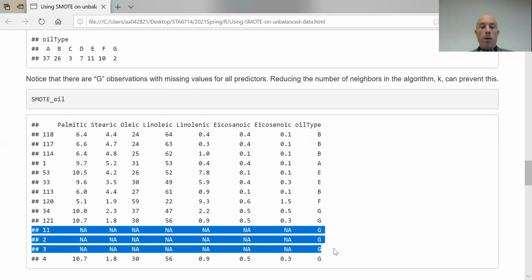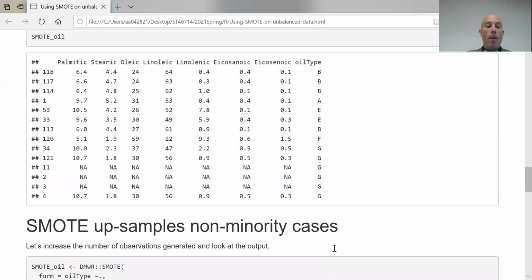So my opinion from working with this is that if you're going to use this implementation of SMOTE, you want to run complete cases before you start using the data. Complete cases will wipe out any observations that have one or more missing values on the row.